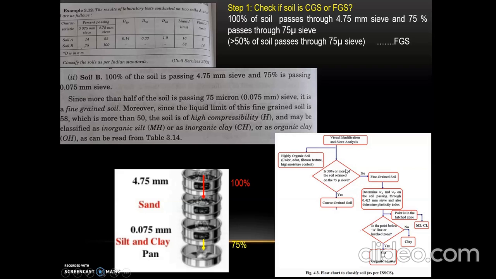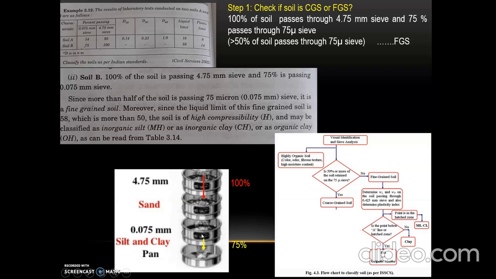To check whether more than 50% of the soil is retained on 75 micron sieve, we will go to the given data. Here we can see that 100% of the soil is passing through 4.75 mm sieve, as shown here from the figure. Out of this 100%, 75% of the soil is passing through 0.075 mm sieve, which again can be seen from this figure.